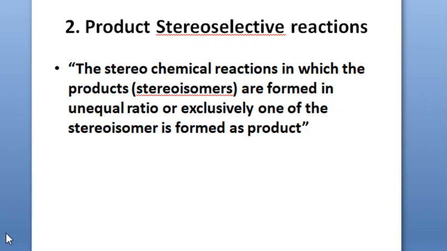So let us see the other type also. It is product stereoselective reactions. The diastereoselective and enantioselective reactions that we have seen at the start of this lecture are all product stereoselective reactions, where you get one enantiomer in excess or one diastereomer in excess. Those are the products, and there is stereoselectivity in that case. Therefore, you classify them as product stereoselective reactions.